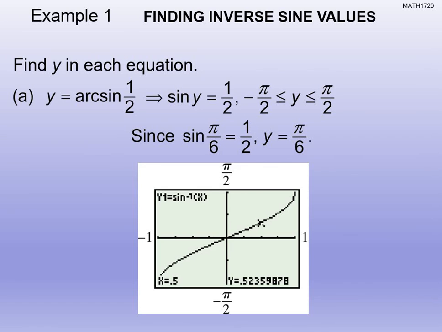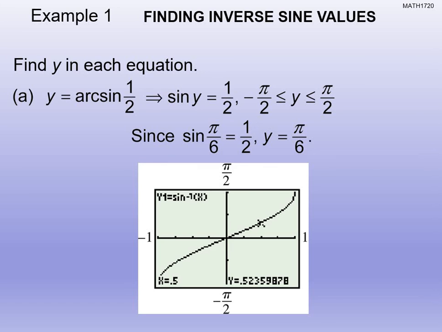When we do the inverse function, what are we doing? We're taking that wavelength and going up and down the y-axis. It still has to oscillate between negative 1 and 1. How do we know that? Sine of negative pi over 2, that's sine of negative 90, is equal to negative 1. Sine of pi over 2, the same as sine of 90, is equal to 1. So we can look at the range of y as y goes between negative pi over 2 and pi over 2.